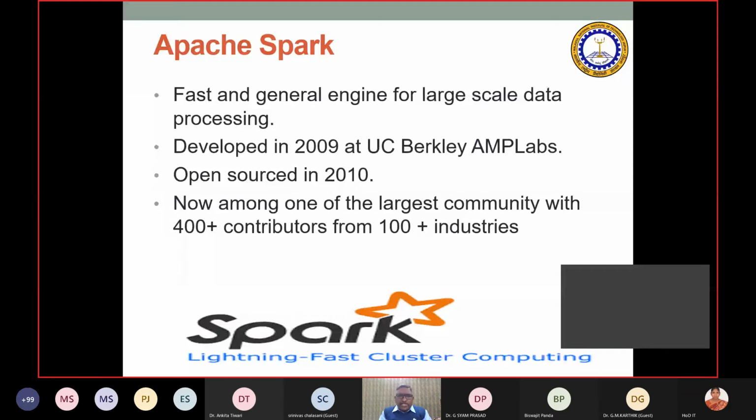So it's a fast general engine for large-scale data processing, developed by UC Berkeley AMP Labs in 2009 and open sourced in 2010. So this is again an institution, University of California at Berkeley, AMP Labs, and then it was open sourced, right?